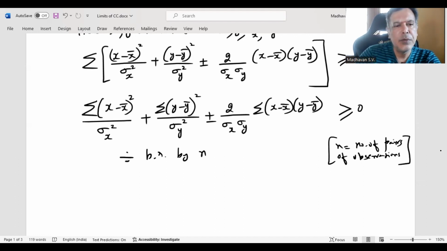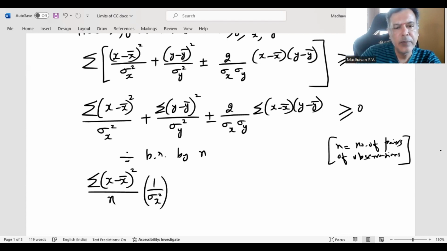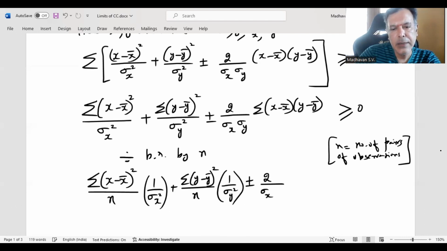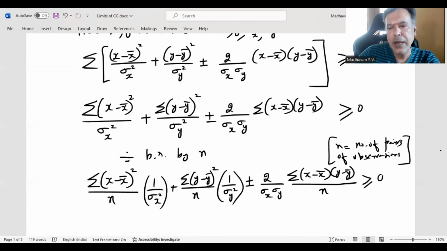So when I do that, I will have summation x minus x bar, the square, divided by n, then 1 divided by sigma x square, plus summation y minus y bar, the square, divided by n, 1 divided by sigma y square, plus or minus 2 divided by sigma x sigma y, then summation x minus x bar into y minus y bar, divided by n, greater than or equal to 0. 0 divided by n will be 0 only. So I can simply write 0.